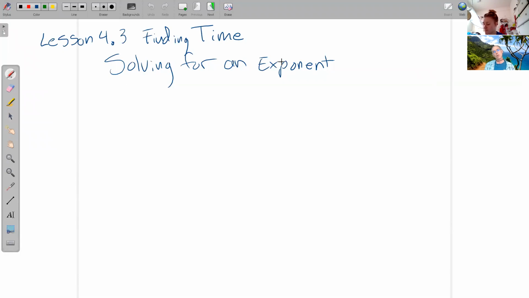So we're going to look at solving for an exponent. Before we solve for an exponent, though, we got to review a few things. So let's take, for example, that Ebola situation, if I remember that right. There was a linear version of that.